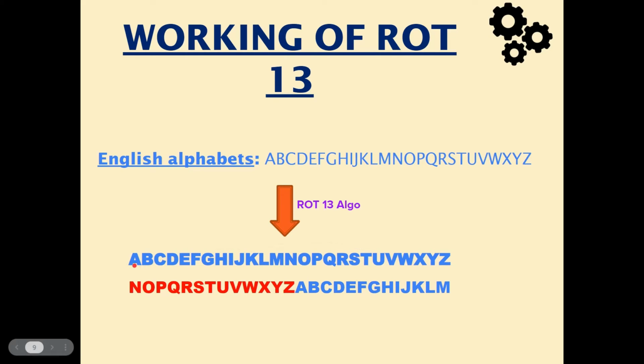For example, A gets replaced with N. If you count, N is the 13th character relative to A. Similar goes for B, C, D, and so on. So what we get after encryption is gibberish we cannot understand.